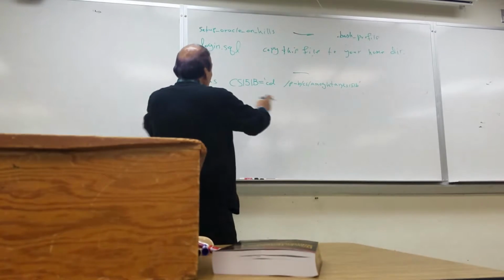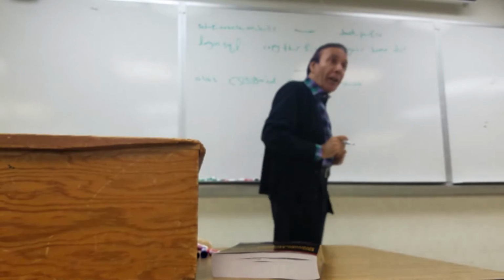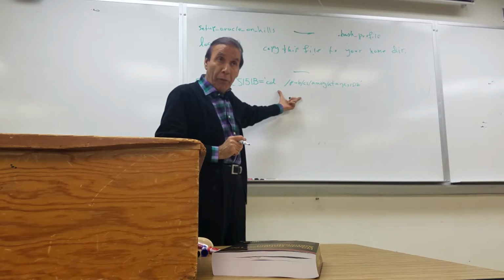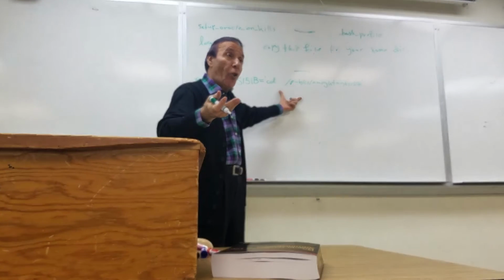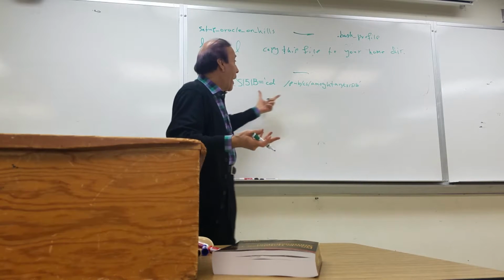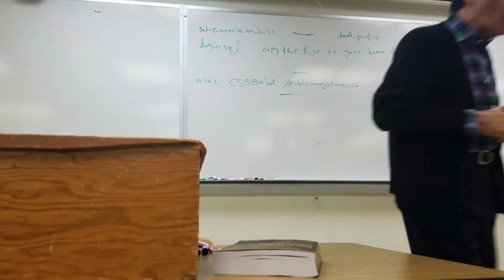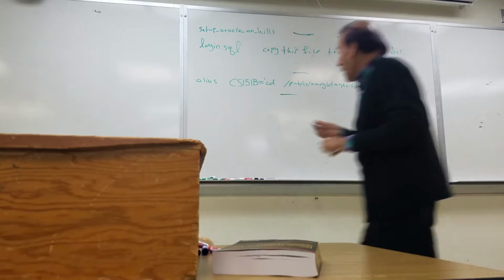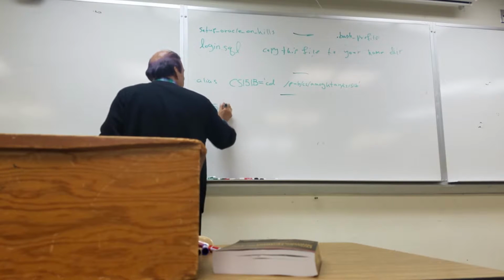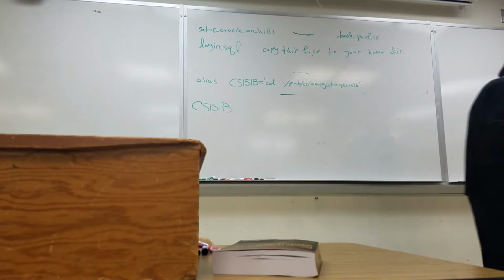So all you need to do is add this line to your .bash profile or .bashrc, either one of them. .bash profile is the better way, okay? And from now on, whenever you want to go to the public directory, simply type this, and you are in the public directory.